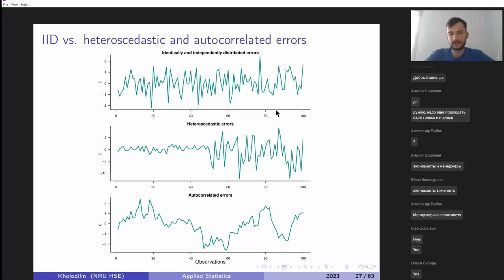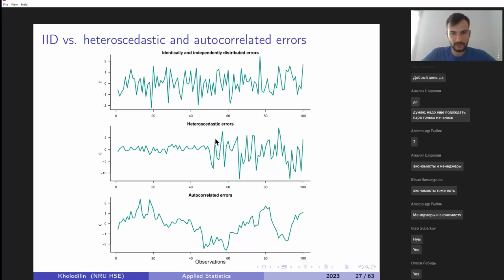Okay. So then to build the inference interval, you need the variance of your errors. And then if you have different variances for different observations, you cannot build the correct inference interval. And that's about the second example.